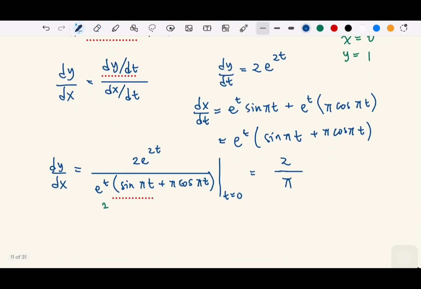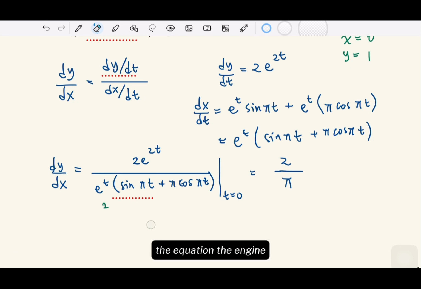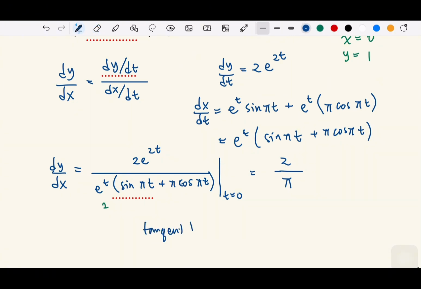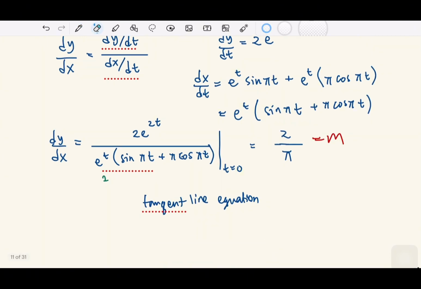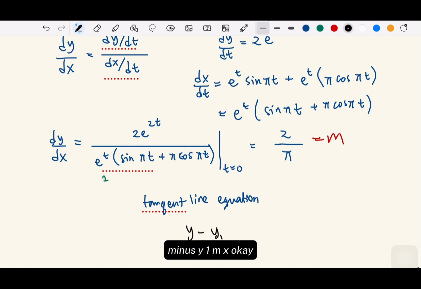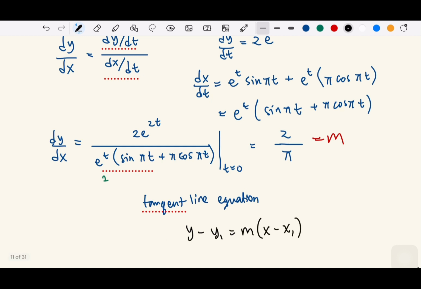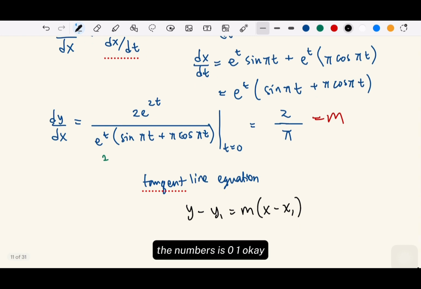So the tangent line equation. Remember that the dy over dx, this is the m. Okay. So we can write y minus y1 equals m times x minus x1. The point is 0, 1.